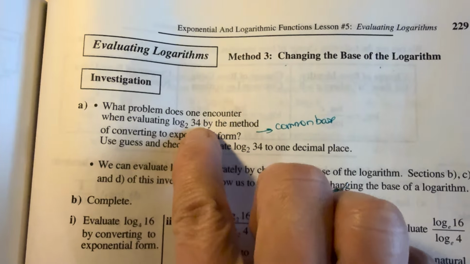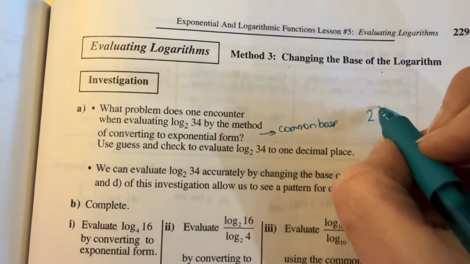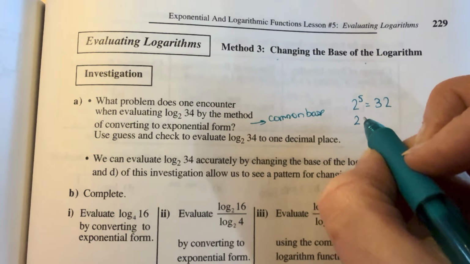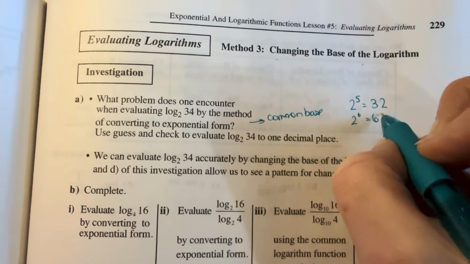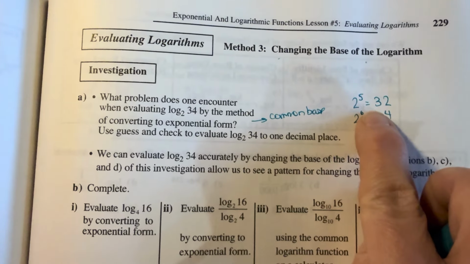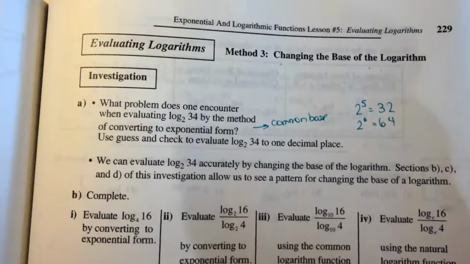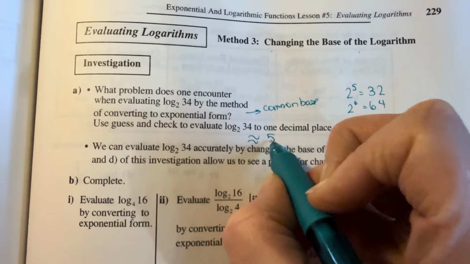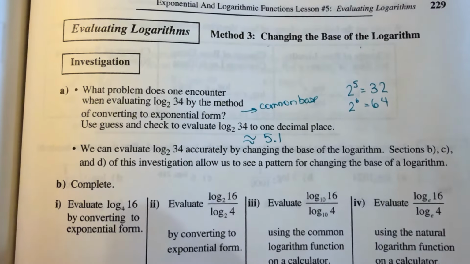We know that 2 to the power of 5 is 32, and 2 to the power of 6 is 64. So 34 would be really close to 5. So this answer would be roughly 5.1, I would give it.